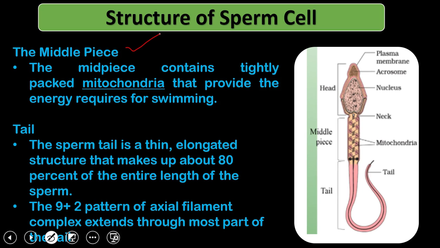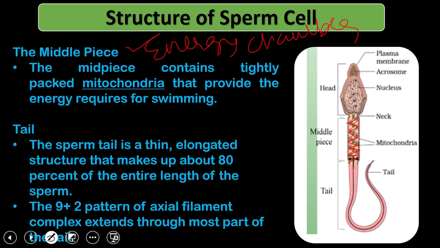The middle piece. The middle piece is also called the energy chamber. It is considered the energy chamber of the sperm cell. It is surrounded by spirally arranged mitochondria, like this, around the axial filaments.